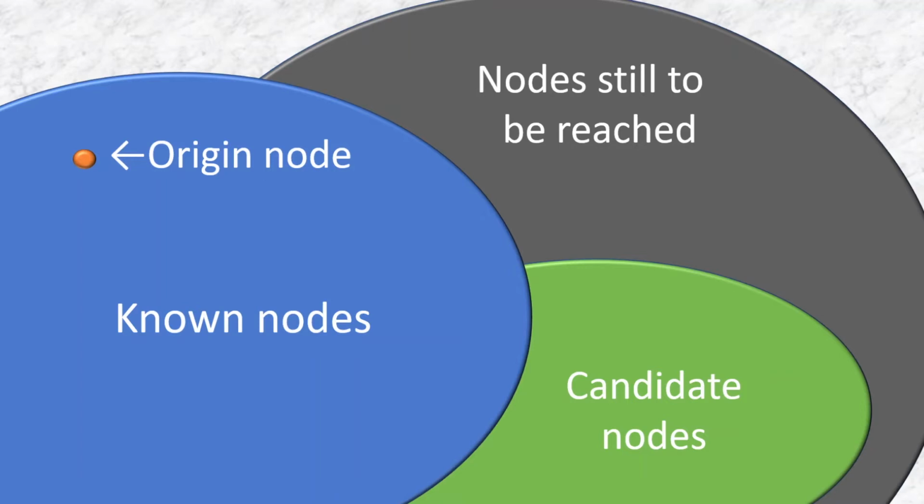However, as we add more and more known nodes, the neighbors of those nodes become candidate nodes and we will add the cheapest one of them.